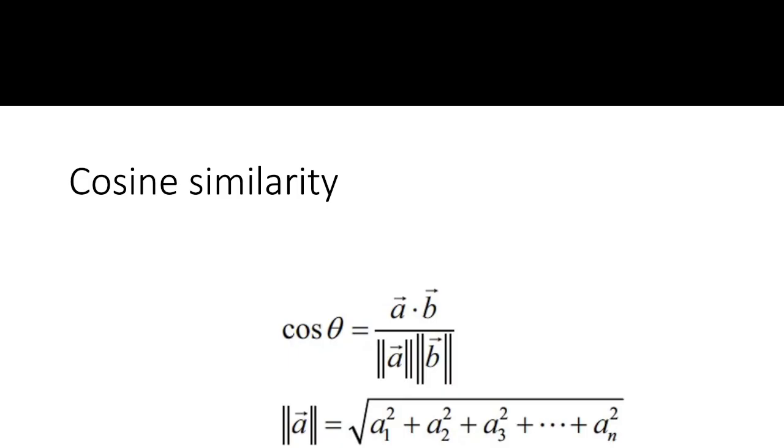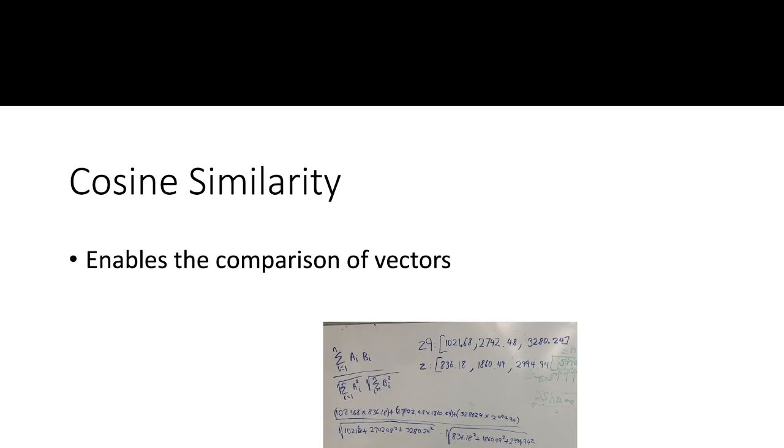Cosine similarity, basically finding the dot product over the two magnitudes, and we basically compute every single product between each vector. So each input variable is going to be compared with one of the data set's variables, right?